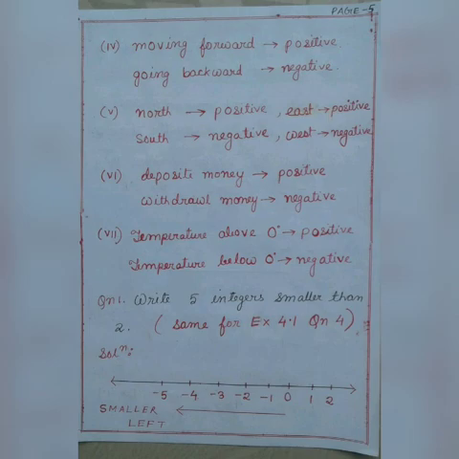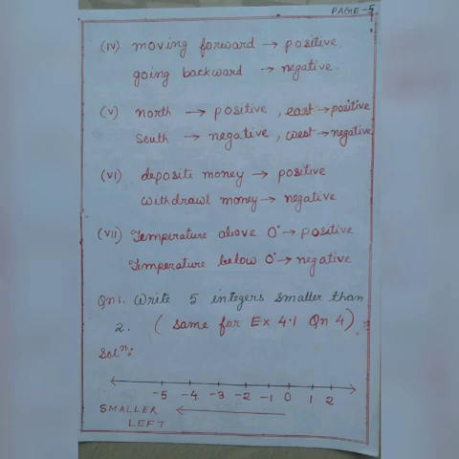This is the opposite of north. If east is positive, west will be negative. That means the opposite direction is assumed negative. If deposit of money in bank is positive, then withdrawal money is negative. Deposit is positive, the opposite of deposit is withdrawal, so withdrawal will be assumed negative.